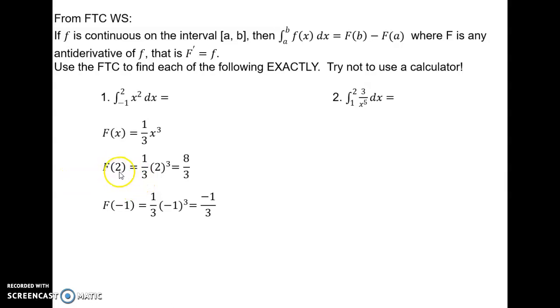Putting in 2, we get 8/3. Putting in -1, we get -1/3. Subtracting them, we get 8/3 minus a -1/3, which is 9/3, or 3. So notice we found the accumulated amount of change of this antiderivative function over the interval from -1 to 2.